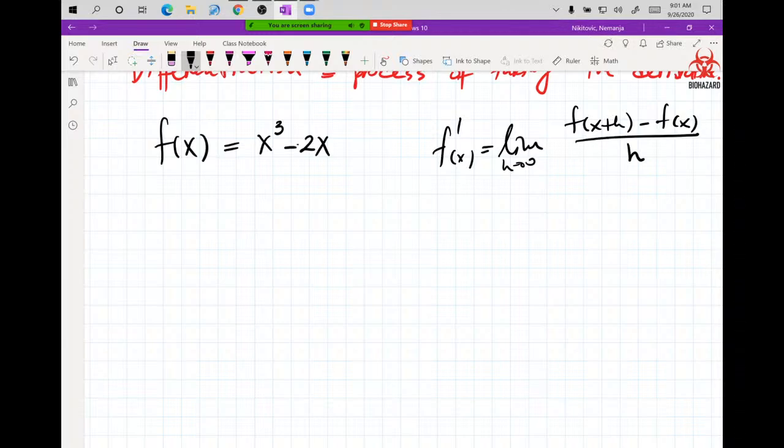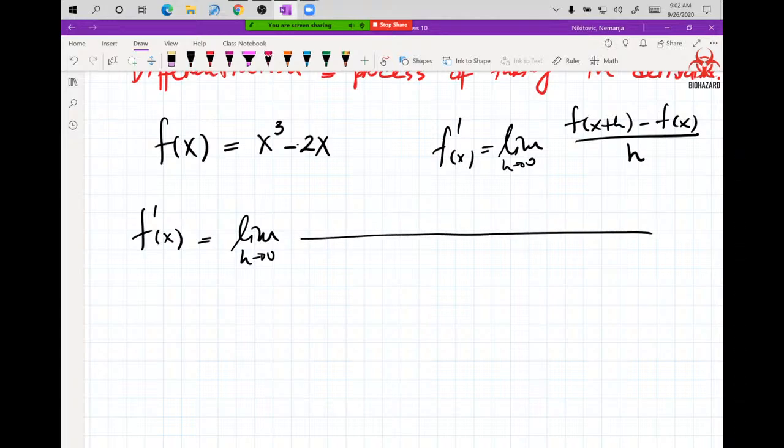This was the formula we used last time to find the derivative, and that procedure was lengthy because there was a lot of algebra involved.